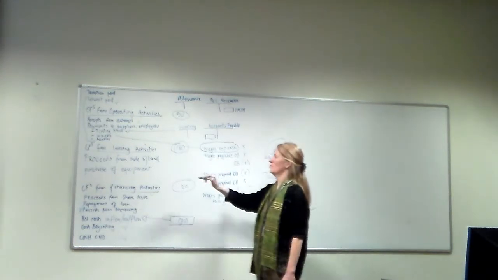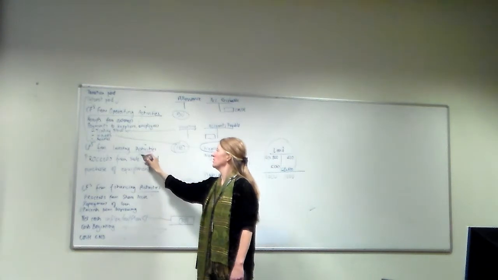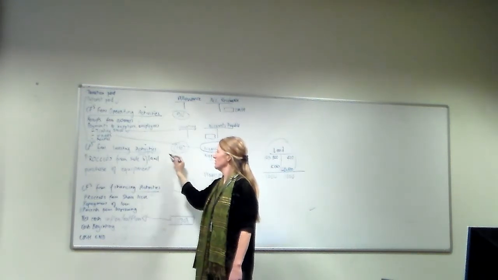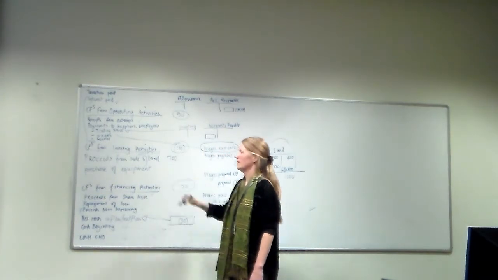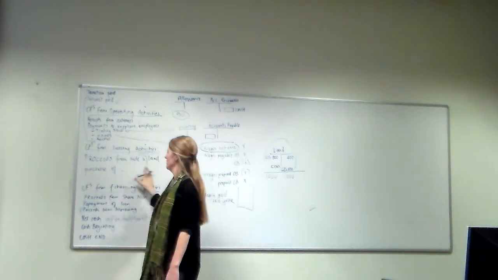So therefore, proceeds from sale of land, 400 cost, gain on sale of 300. What's it going to be? And purchase of land is going to be?